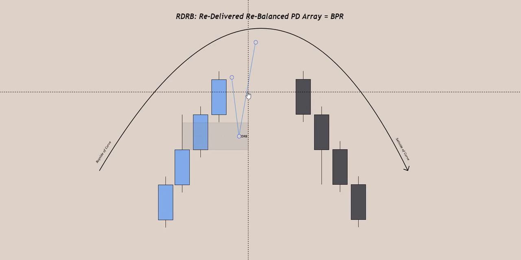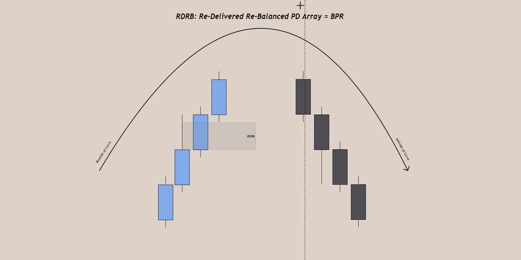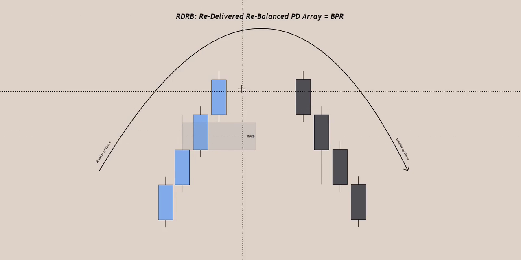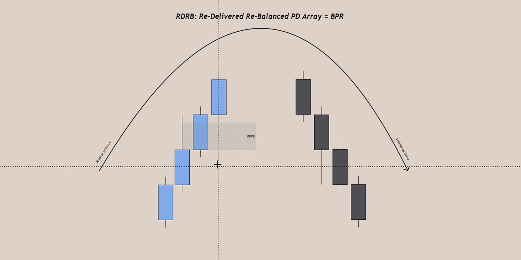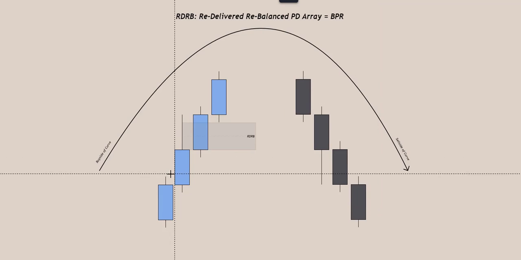And this is a great tool to identify your breakaway gaps. And why I say this, because if we have a balanced PD array already, if we have a balanced price range already, price has no reason to reach lower for this inefficiency until a later date. So what we can identify this as now is a breakaway gap, right?